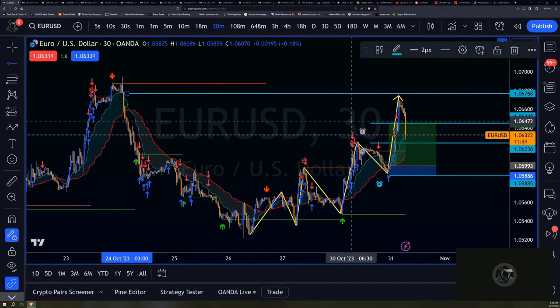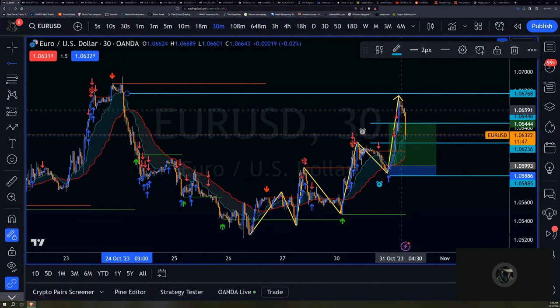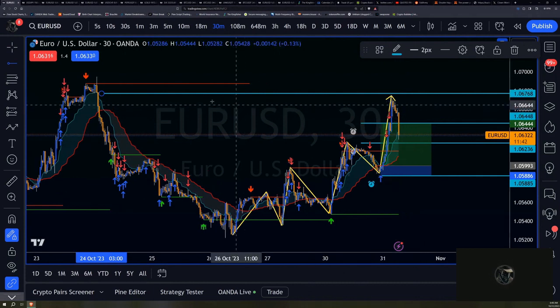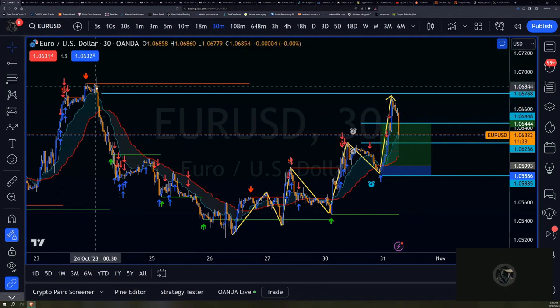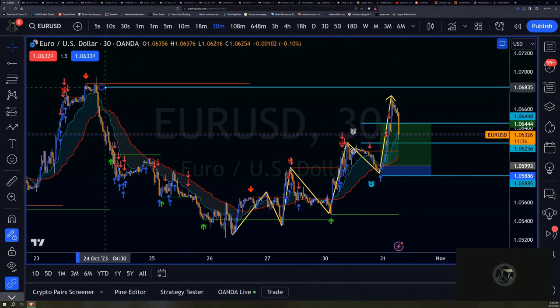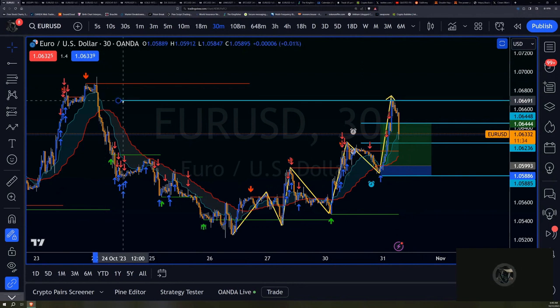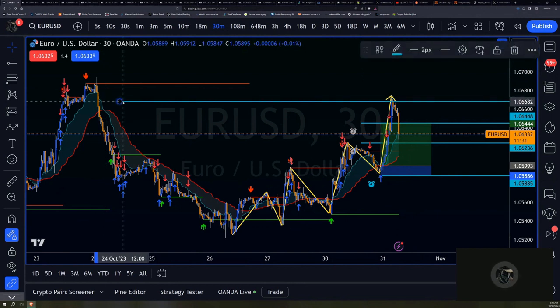I didn't care to go past that because I knew that data was coming out this morning, and I didn't think price would make it all the way up there. I'm not exactly sure if this is where my target was. I think I used the top of the body of this candle here. That's my original target. Obviously, though, I was concerned the price might not make it up there due to the data coming out this morning.